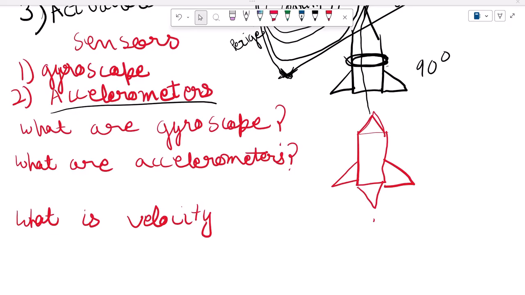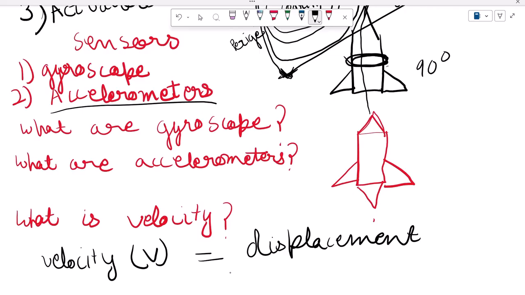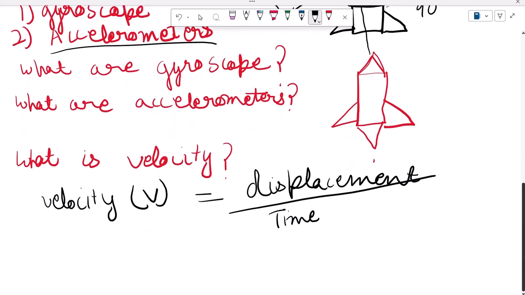The formula we use for calculating the velocity is v equals displacement over time. So it is the velocity.